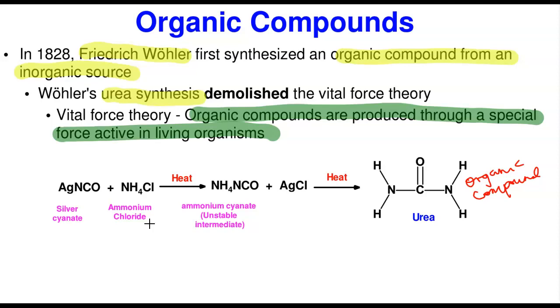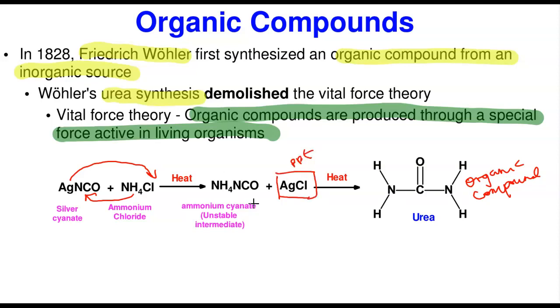This is a normal double decomposition or double replacement reaction, whereby these two exchange a radical. Look at what happened there. Silver went to chloride, whereas ammonium went to what? The cyanide ion, to form the ammonium cyanide. Now, this ammonium cyanide is what rearranges. Of course, silver chloride is a precipitate that will be deposited.